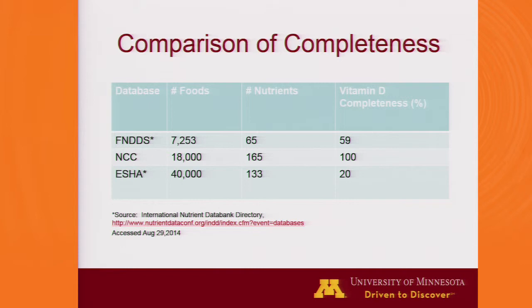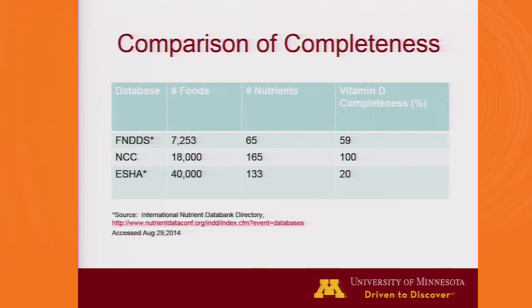If we look at a comparison of completeness for a few of the different databases, you can see that ESHA is very comprehensive with 40,000 foods in it, but it lacks some completeness for many nutrients, such as vitamin D, which is only 20%. And there are other nutrients that are similar to that.